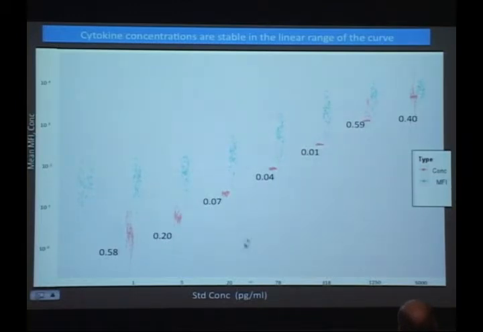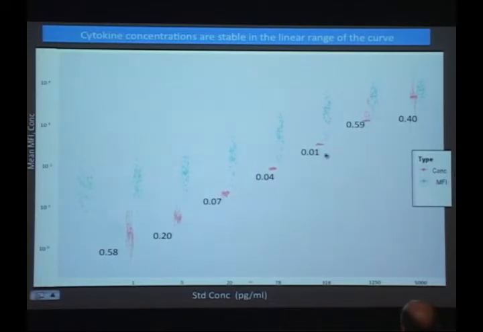Where it's linear, the CVs or the variations are very low. But at the sigmoidal region of this curve, you see very high variability. So the problem arises when, from the concentration values, these are from standards, right, and then you are trying to estimate the concentration for an unknown sample.